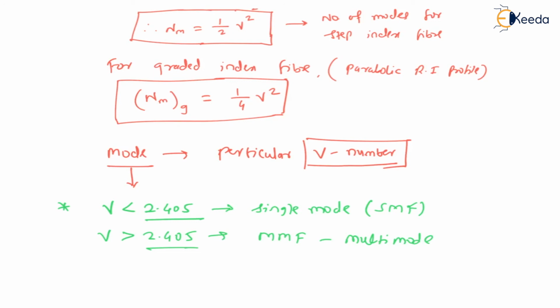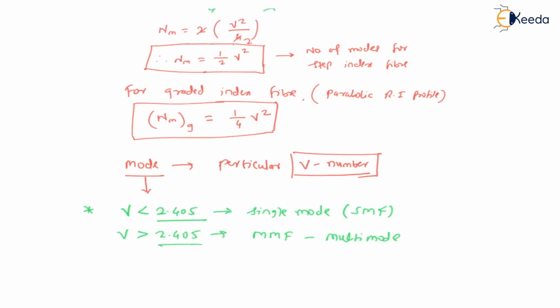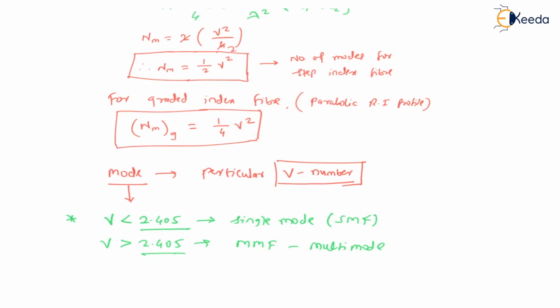So this is all about the V number and the number of modes carried by an optical fiber. Just remember these two formulas: the first is for step index fiber, and the second is for graded index fiber. We will use these formulas while solving numericals based on these two concepts, that is V number and the number of modes.